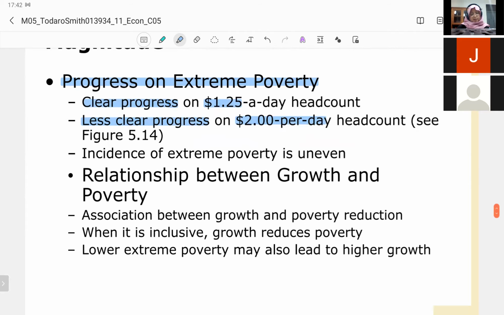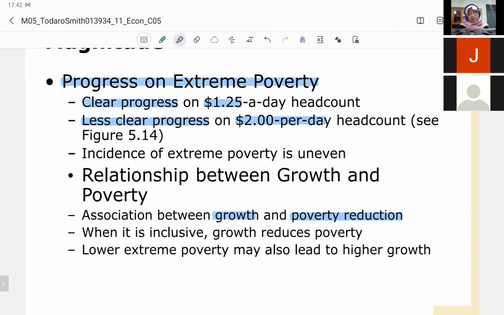And then relationship between growth and poverty, association between growth and poverty reduction. So there is association between growth and poverty reduction. Like, for example, the proportion of poor people in Indonesia when we leaned a lot on the traditional sector compared to today is smaller.